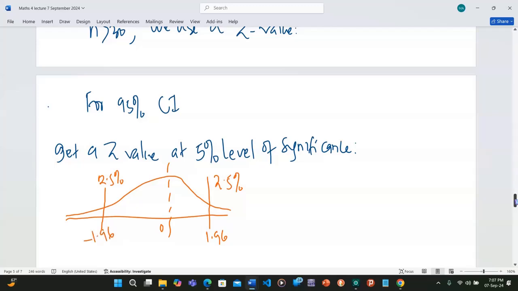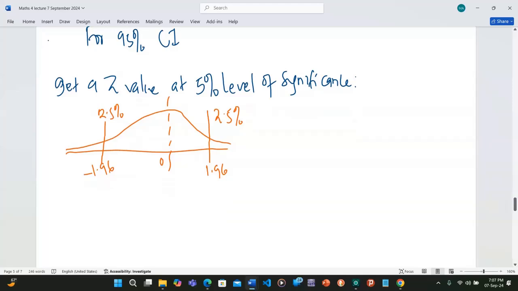So for the 95% confidence interval, we shall find that the confidence interval is going to be the mean. The mean is known, and that mean is 756. So we have 756 plus or minus the z value.